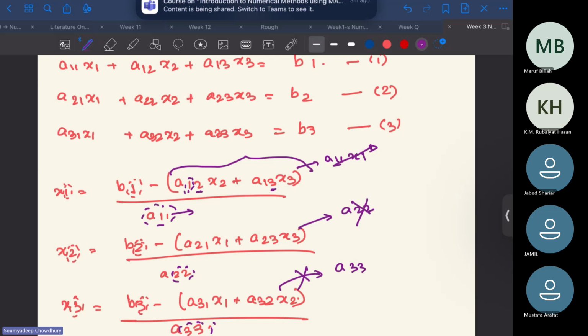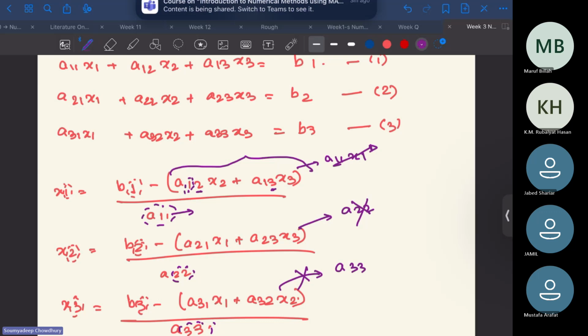After x1, x2, x3 is calculated once, what we do is we find out the error. Now here, error you need to understand. Error basically we have to find the difference between all the x values, right? Suppose it is a 3 cross 3 matrix, there are 3 x values. So here, for 1 to n, we are finding out the difference between these x values. That is, x of ii comma k is the value of x at the kth iteration, minus that at k minus 1, the previous iteration, and we calculate this error.